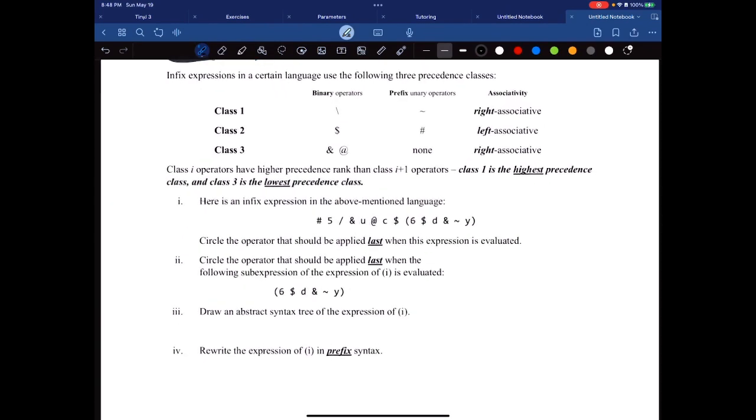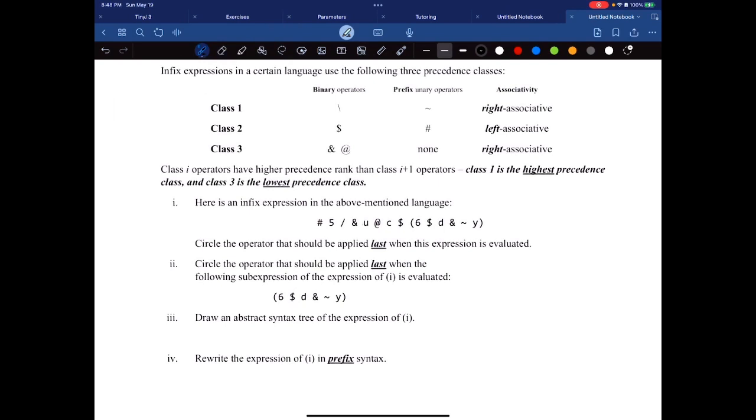So this is an example of a syntax question you might get, where you're given infix expressions in a certain language and they use three precedence classes. So we have class 1 to class 3, where class 3 is the lowest precedence and class 1 is the highest precedence. In class 3, we have an ampersand sign and an at sign, and they're both right associative.